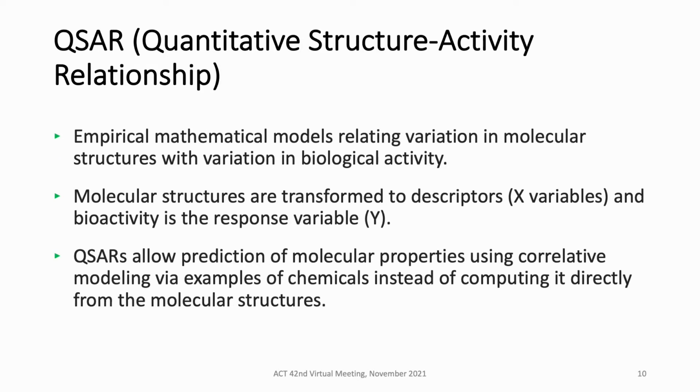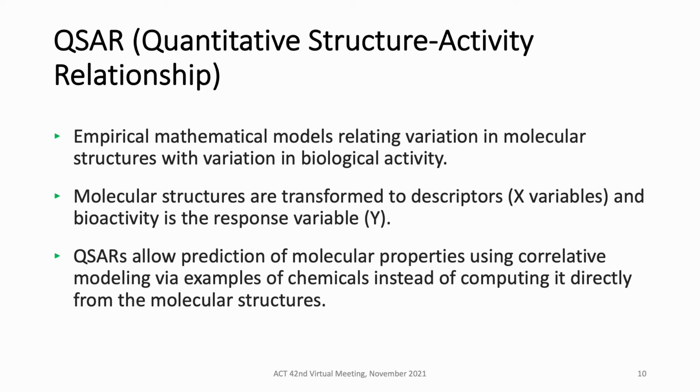Now let's talk about the different possible computational approaches that we can take advantage of in the nitrosamine issue. And the first one is the quantitative structure activity relationship technique, or QSAR techniques. So QSAR modeling is an empirical mathematical modeling technique which relates the change in the molecular structure with the change in their biological activity.